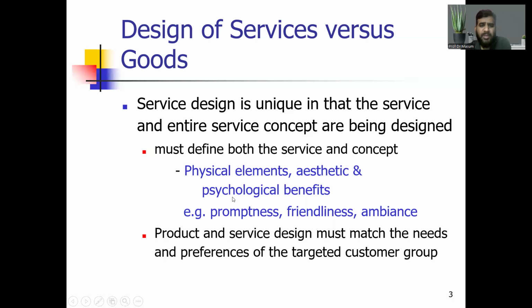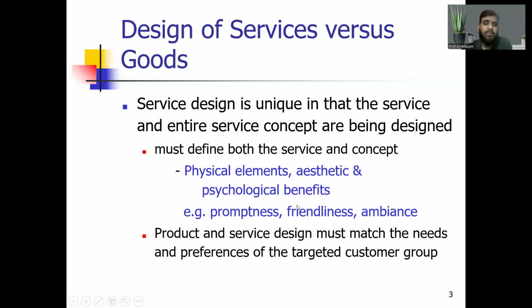And psychological benefits. When you are using a product, there are some psychological benefits. Say, for example, when you open the phone, sometimes you find that the phone is very good, sometimes you find that the phone is not good, although you will do the same services by using the phone.